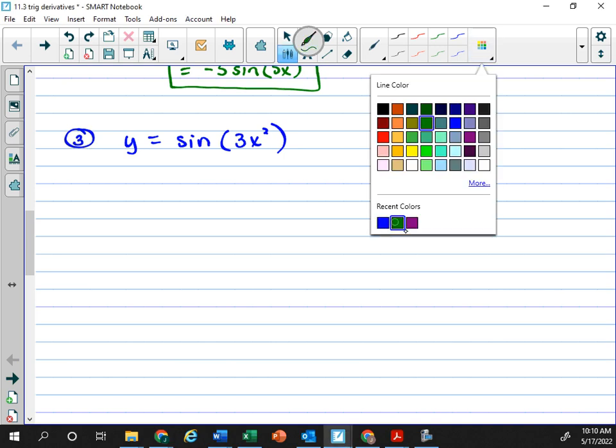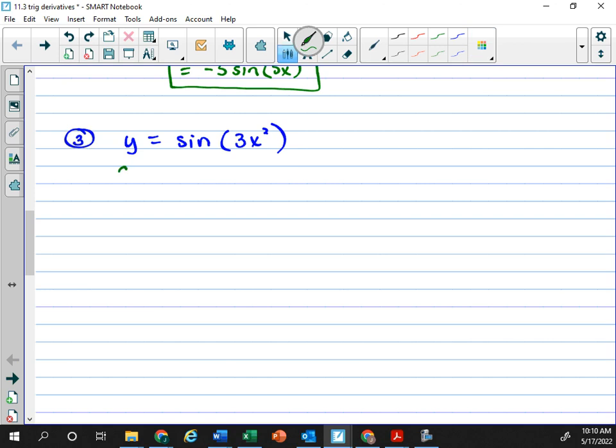All right, let's see. So we'd start with what is the derivative of sine? Cosine. Okay, so we've got cosine, leave what's inside alone, times what is the derivative of that inside piece? 6x.